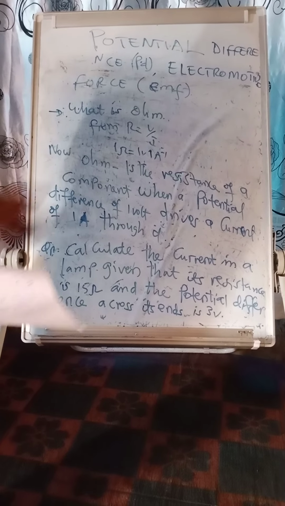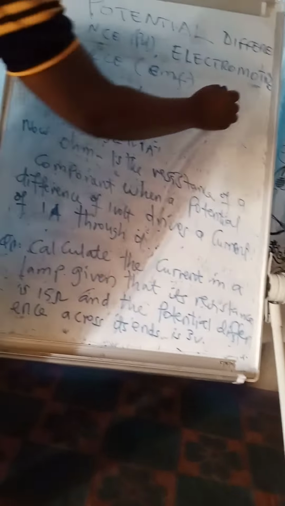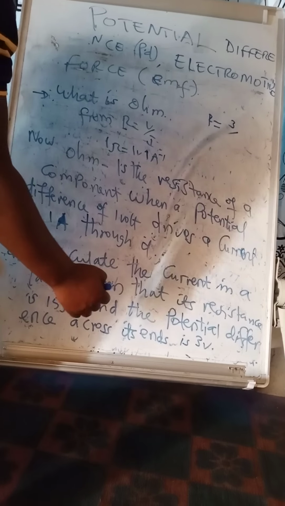So now we can calculate the current from R is equal to V over I.